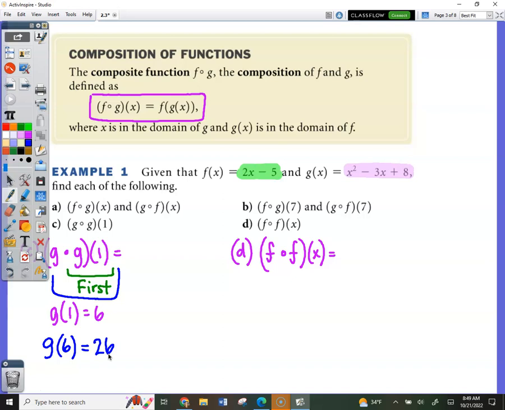So go to g, plug 1 in. What did you get? 6. Carry it down and carry this letter down. Now find the outermost one of the answer you got here. So g of 6 is 26. So that's the answer, 26. Y'all try D.